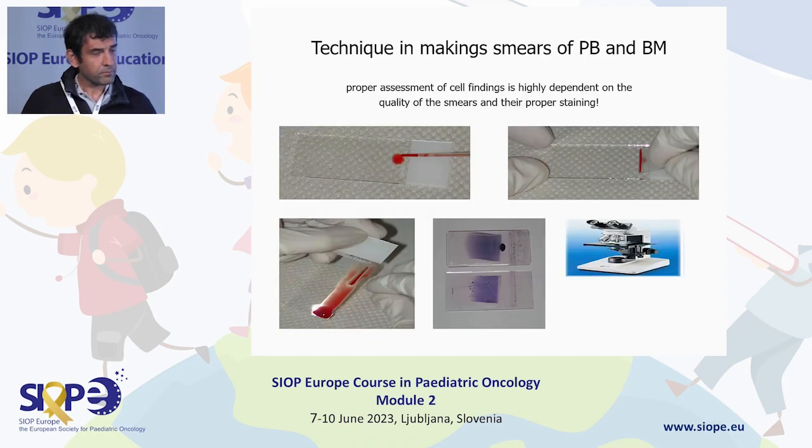And to make the correct diagnosis or find a clue, it is very important that you learn the right technique to make a bone marrow smear or a peripheral blood smear. For example, at my institution, all trainees who get a job at our institution must learn to do a peripheral blood or bone marrow smear themselves, because sometimes you don't have the people available who could do that.